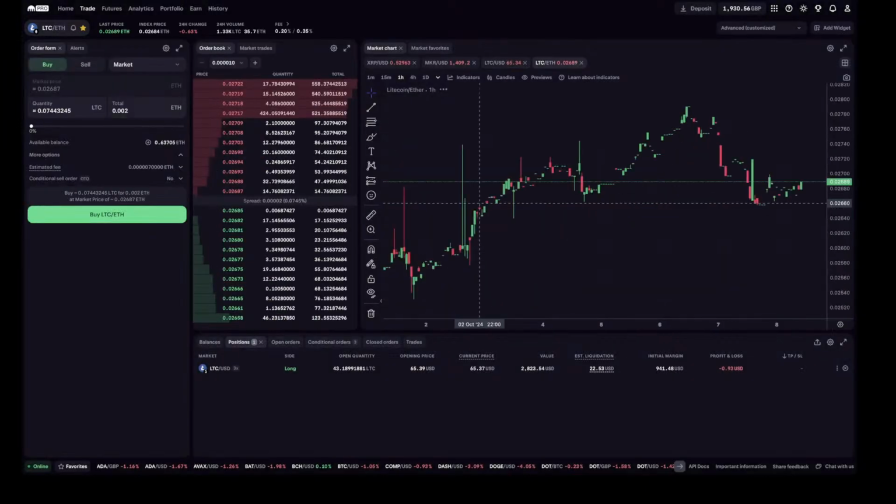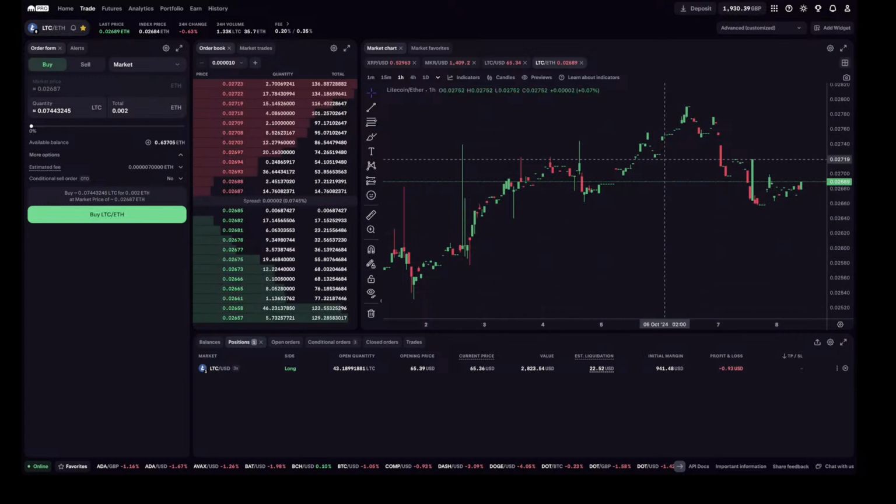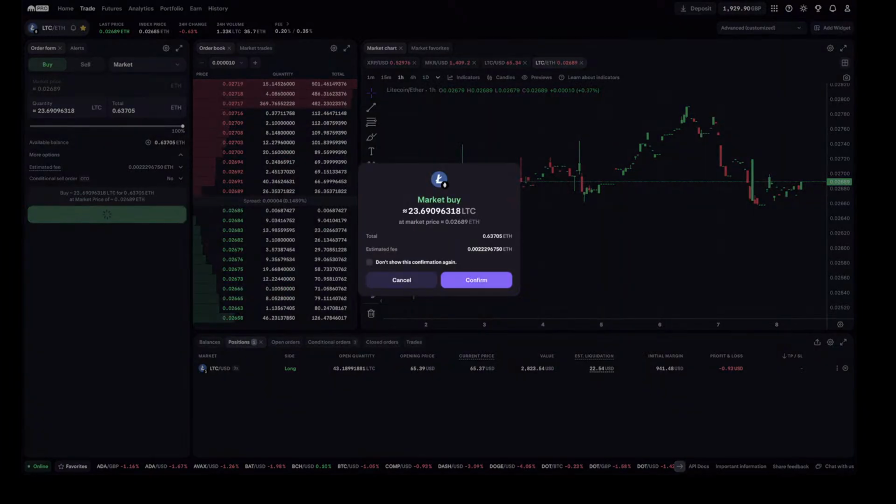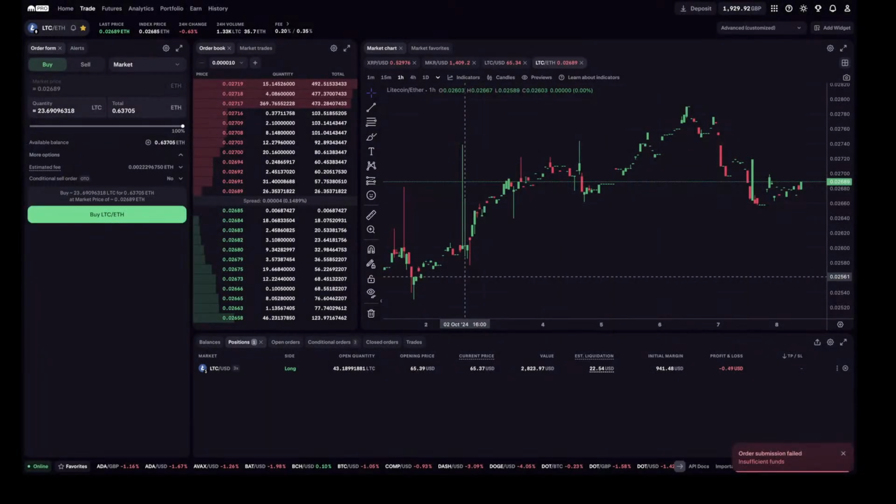I am basically piggybacking off this trade to swap some Ethereum for some Litecoin. Let's go in at, okay, let's go all of it. Maybe the order has executed.